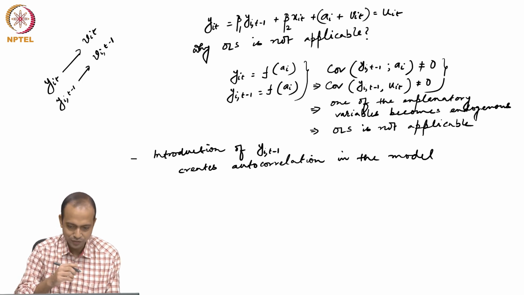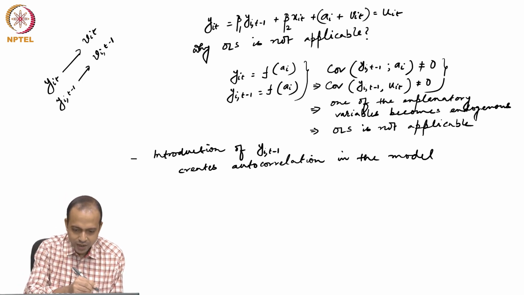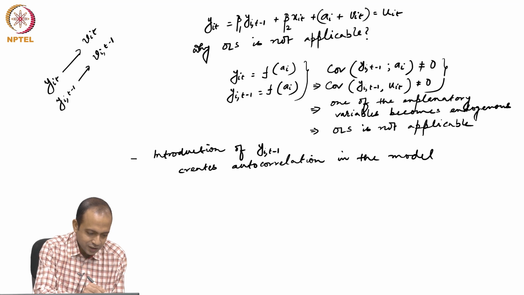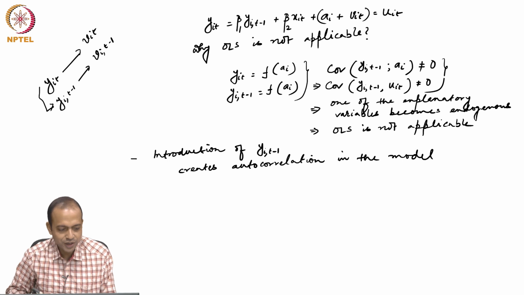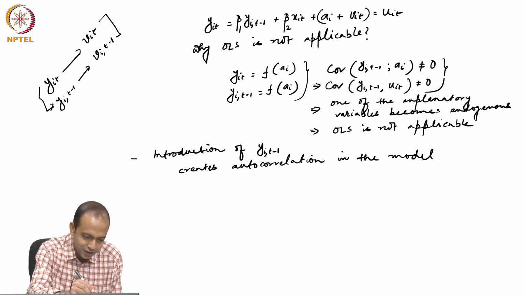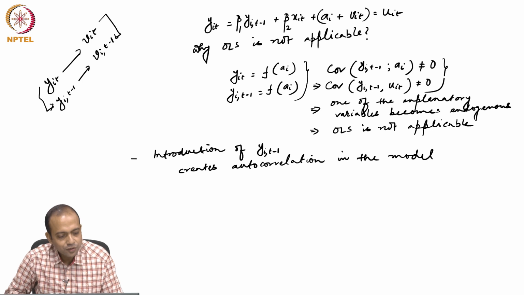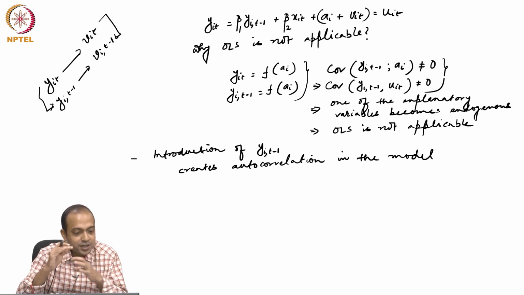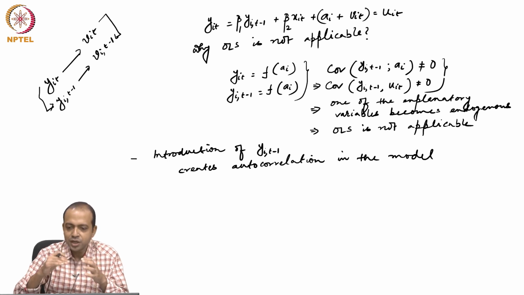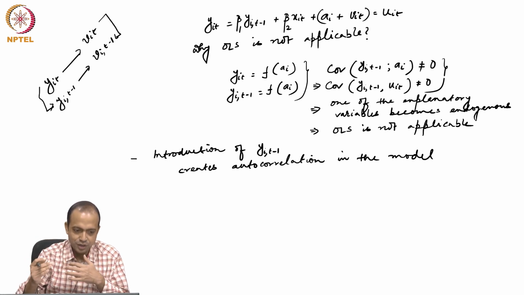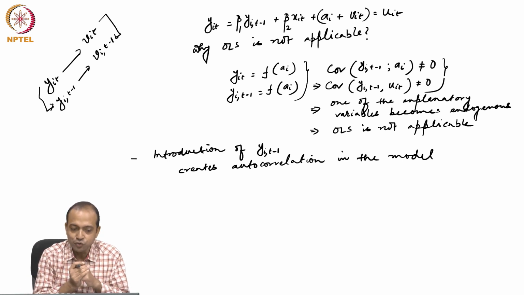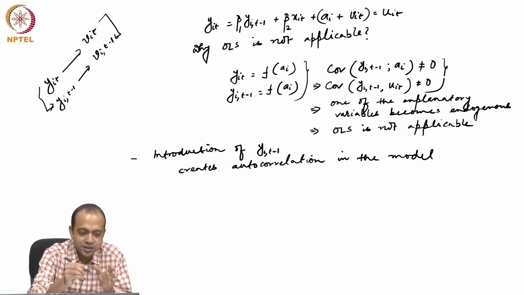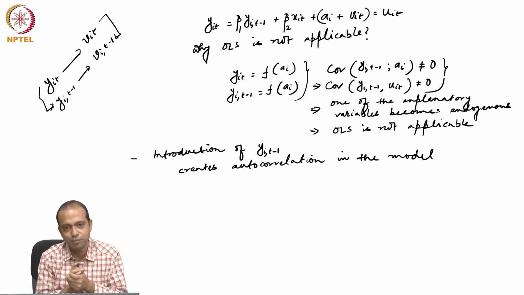And since YIT is related to this, YIT is a function of YIT minus 1. So, that means I can say that VIT is actually a function of VIT minus 1. Since YIT is related with YIT minus 1 and YIT minus 1 is related to VIT minus 1, YIT is also related to VIT. So, that means this is a correlation between VIT and VIT minus 1.